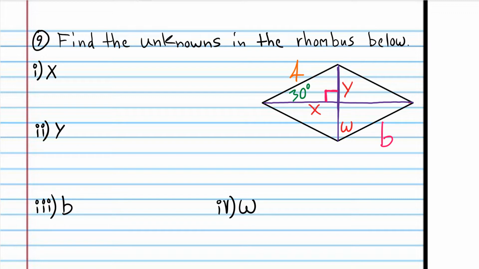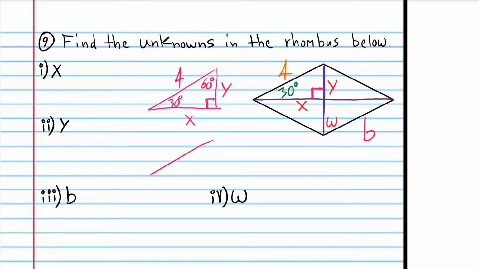So what that means is let's pull that triangle out over here so we can see what's going on. We know that the hypotenuse is 4. We know that this is 30. We found out that this is 60. And we're trying to find x, and of course we'll have to find y also.